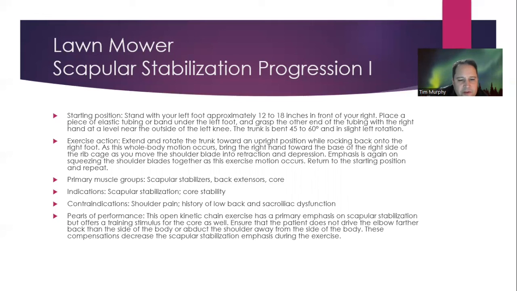Pearls of performance: this open kinetic chain exercise has a primary emphasis on scapular stabilization, but offers a training stimulus for the core as well. Ensure that the patient does not drive the elbow further back than the side of the body or abduct the shoulder away from the side of the body. These compensations decrease the scapular stabilization emphasis during the exercise.